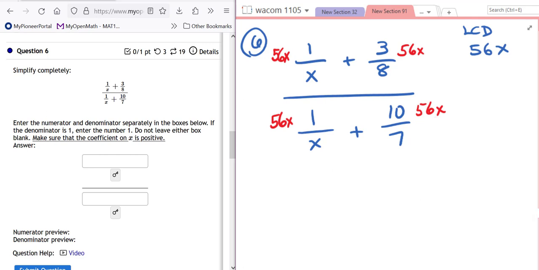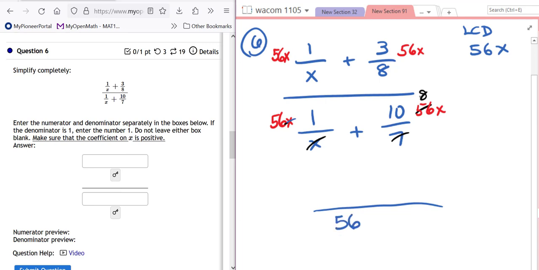Right, so let's get a different color going here. The x goes out. That one leaves you 56. This one, 7 will go into 56 8 times. Right, so I better put these back so I'll know. So I have, the x is gone. So I have 56 times 1 is 56.